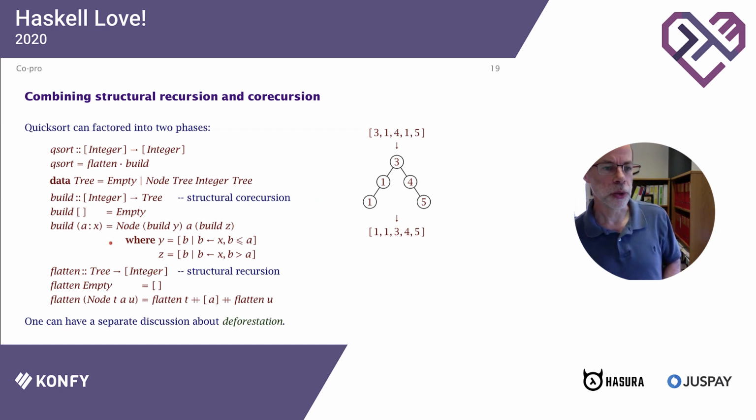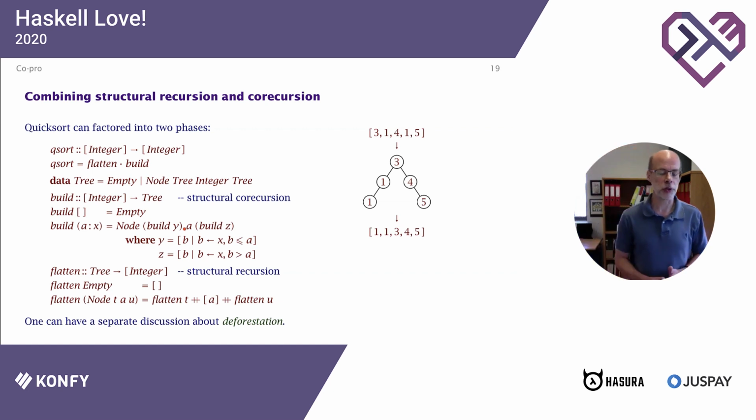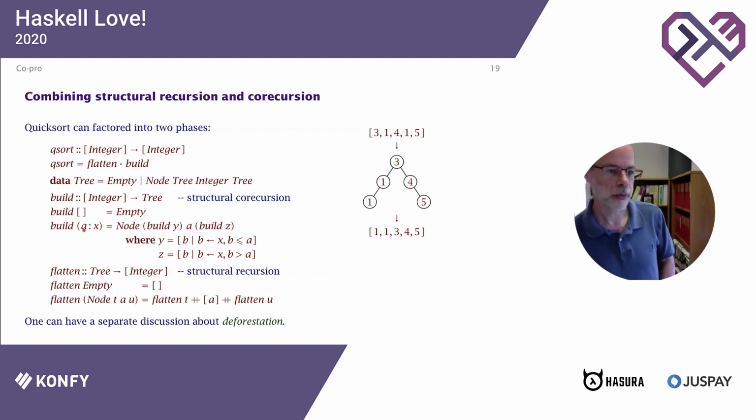So build just does the partitioning that we've seen before into little things and big things, but rather than appending, it just records those things. So you split the list in 2, and then split it in 2 again, and keep going until you get down to pivoting with nothing left. Then you get empty trees.